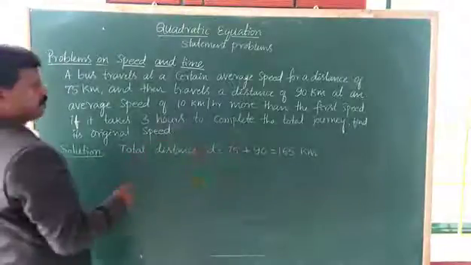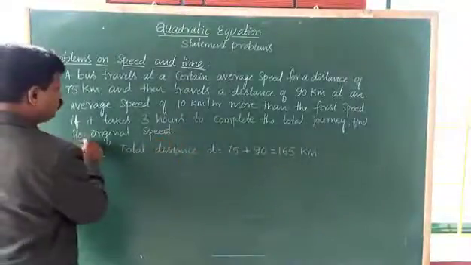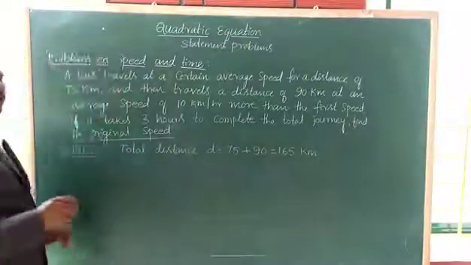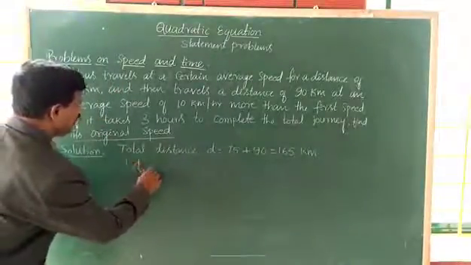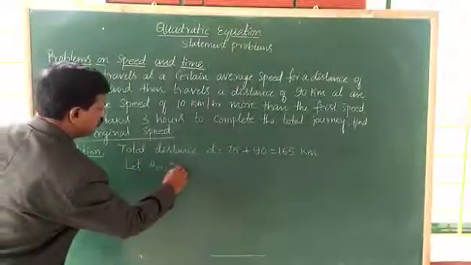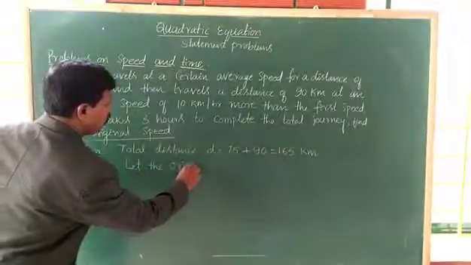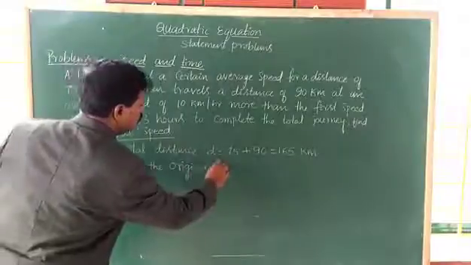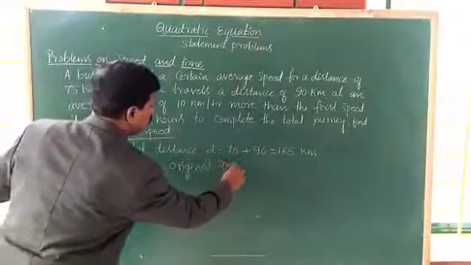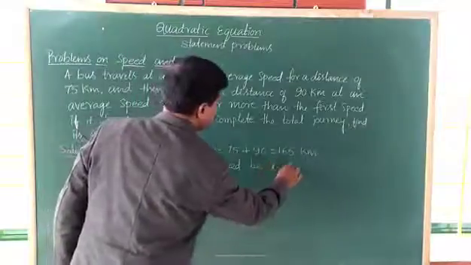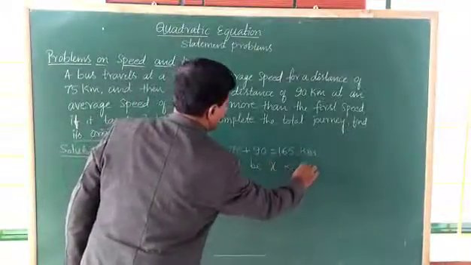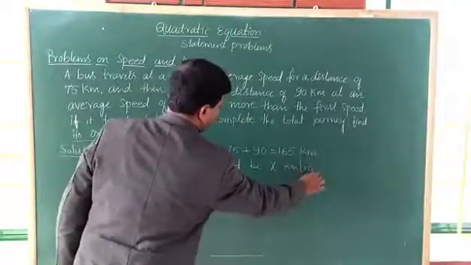Now what they asked, find its original speed. Now how to take this? Let the original speed be x kilometer per hour.